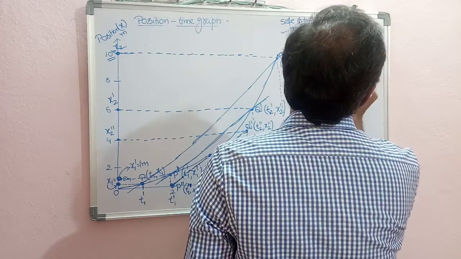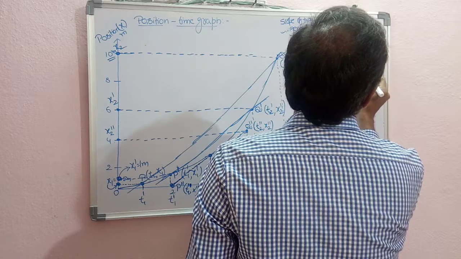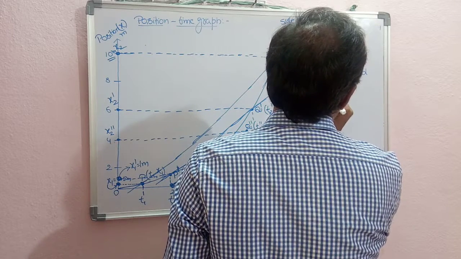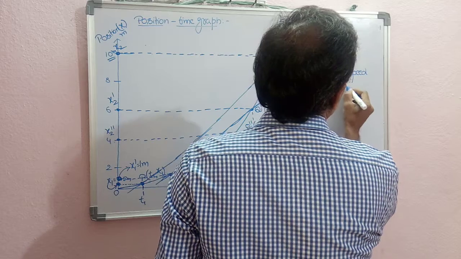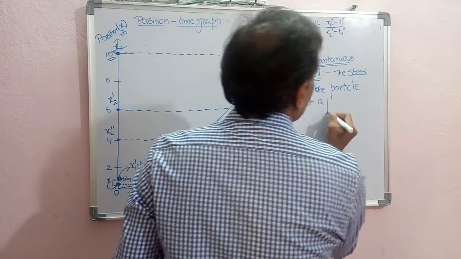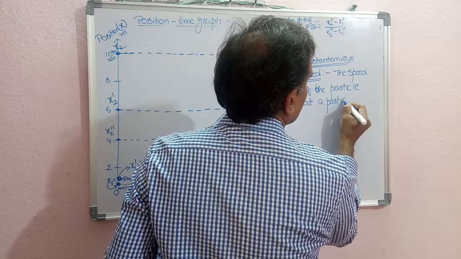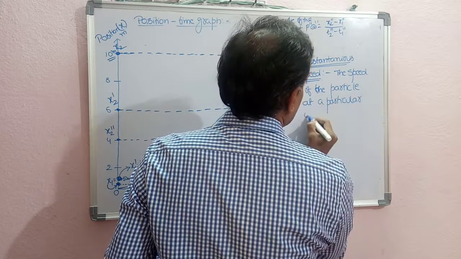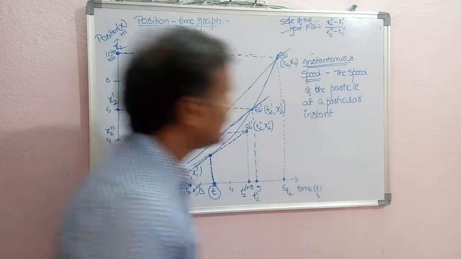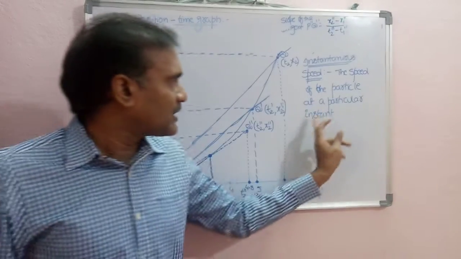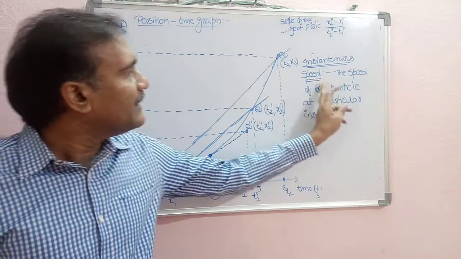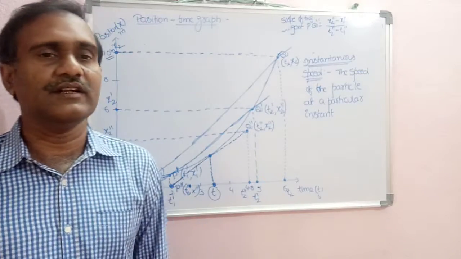The speed of a particle at a particular instant of time, or at a particular position, we call instantaneous speed.